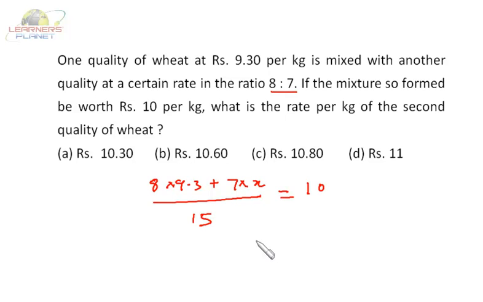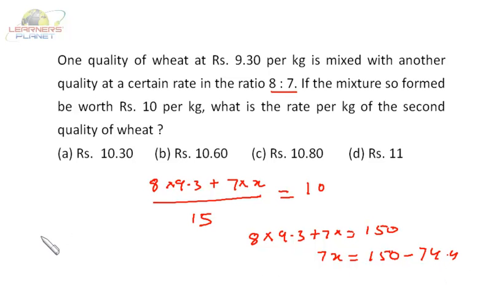So we can calculate it. It's 8 into 9.3 plus 7x is equal to 150. So 7x is equal to 150 minus 74.4, so x is equal to 75.6 by 7, which is 10.8.